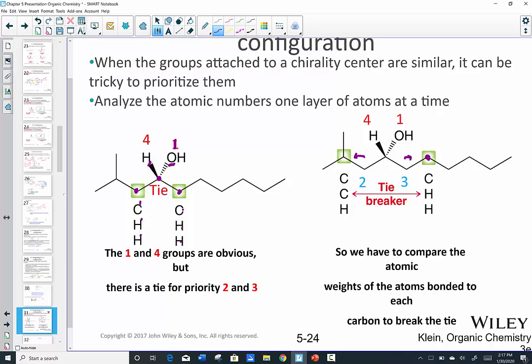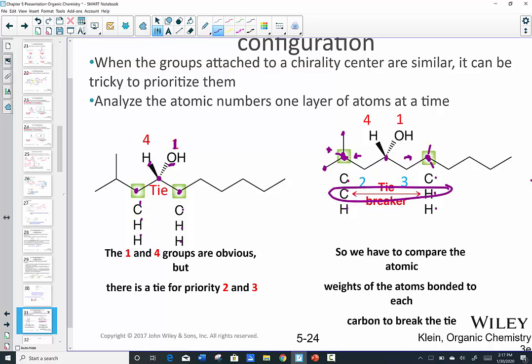Now we're comparing the carbons that are 2 carbons away from the chiral center. This carbon is attached to a carbon, carbon, hydrogen, carbon, carbon, and a 4th bond we don't see, but an H. This carbon is attached to 2 hydrogens, CHH. Clearly we see a tiebreaker where this side now is of higher priority.